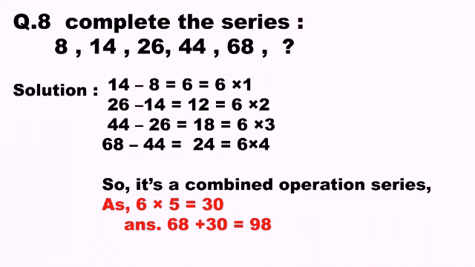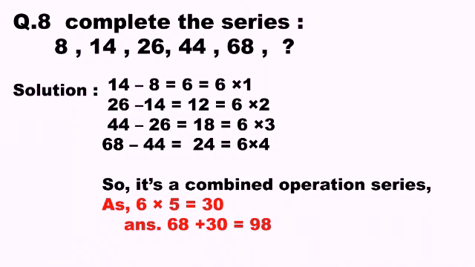So now we have to find the logic behind it. What is the logic behind it? See, 14 minus 8 equals 6. 26 minus 14 equals 12. 44 minus 26 equals 18, and 68 minus 44 equals 24. Now we have to find the logic.